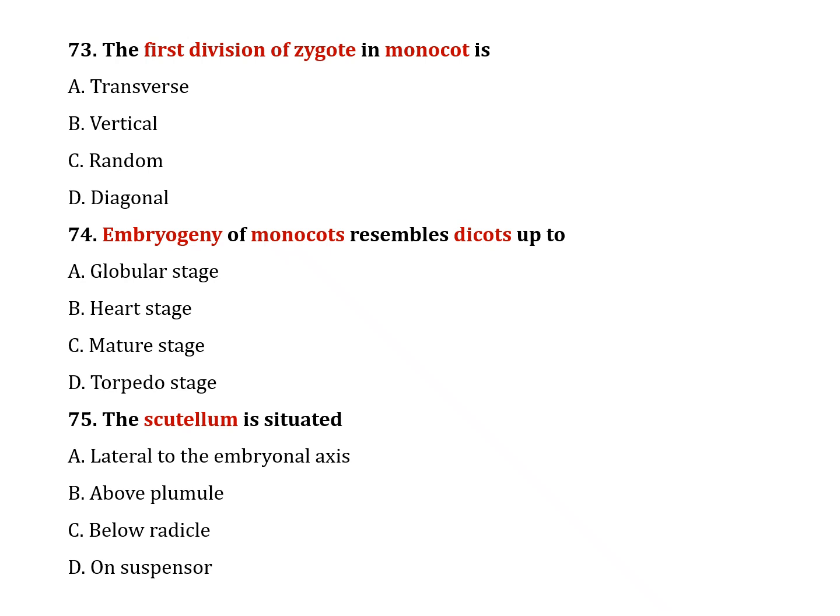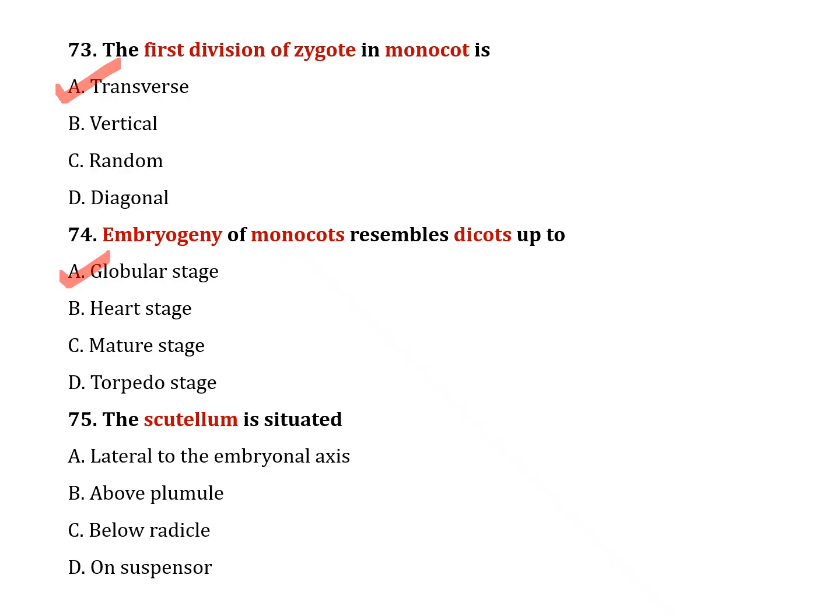The next question, number 73. The first division of zygote in monocot is option A transverse, option B vertical, option C random, option D diagonal. Correct answer is option A, transverse. The next question, number 74. Embryogeny of monocot resembles dicot up to option A globular stage, option B heart stage, option C mature stage, option D torpedo stage. Correct answer is option A, globular stage.